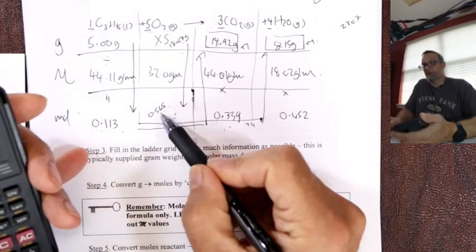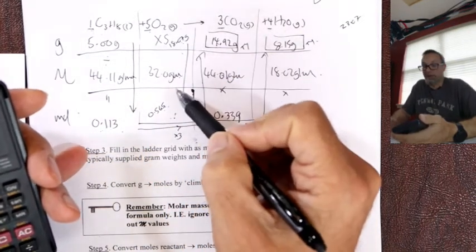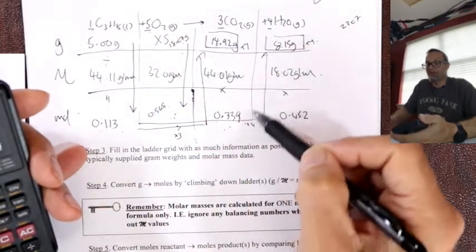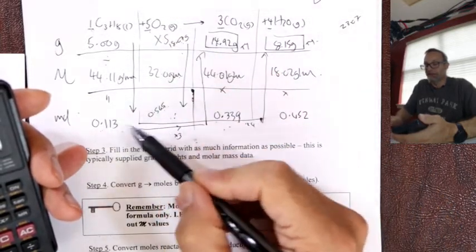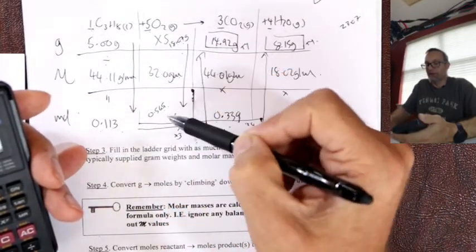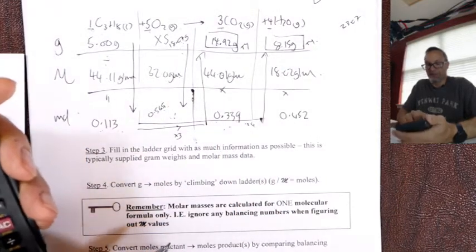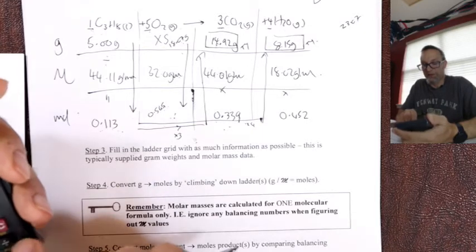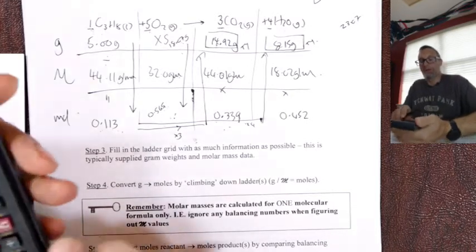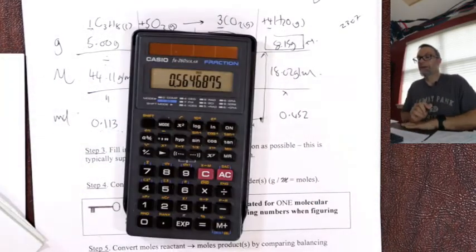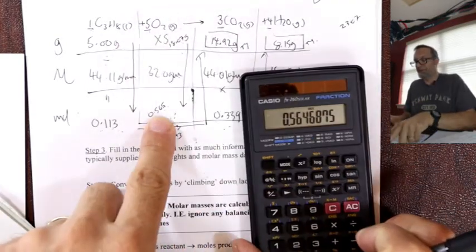That would have been 0.0565 should we have used that number, right? Now, if you think about it, this chart is consistent. I can get this number this way, or I can get it this way. Just do it real quick. What is 18.07 divided by 32? There it is, 0.56, 0.56.